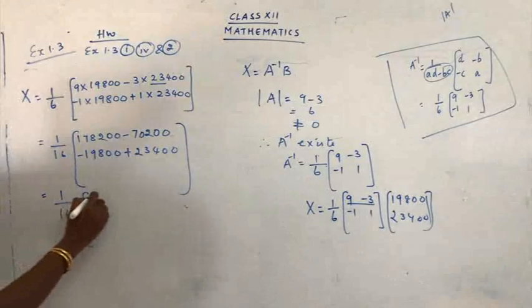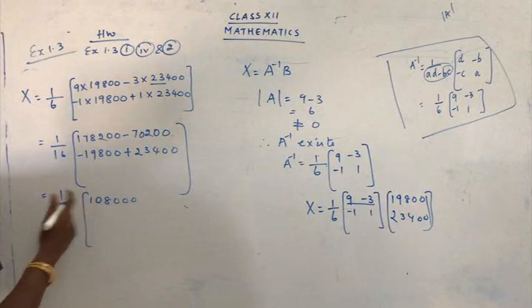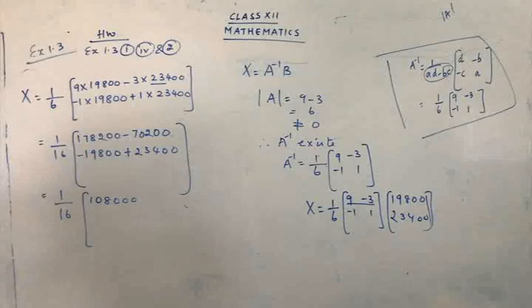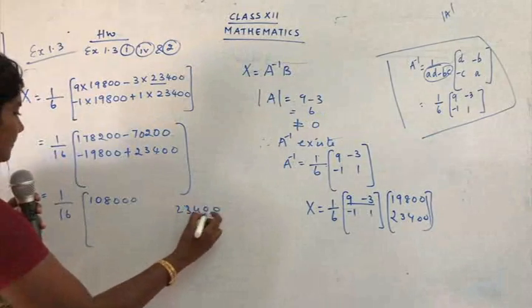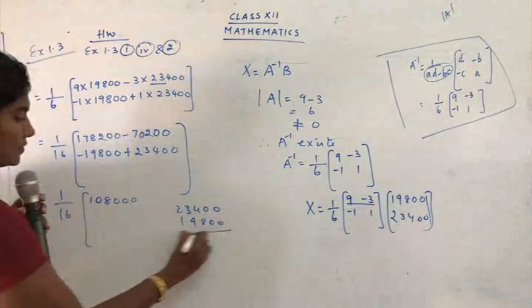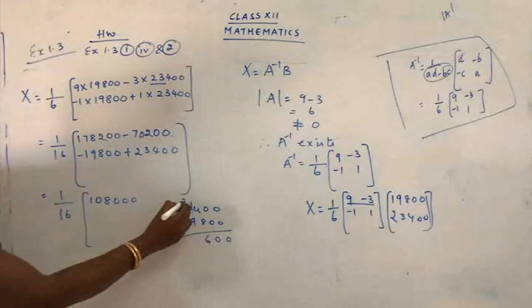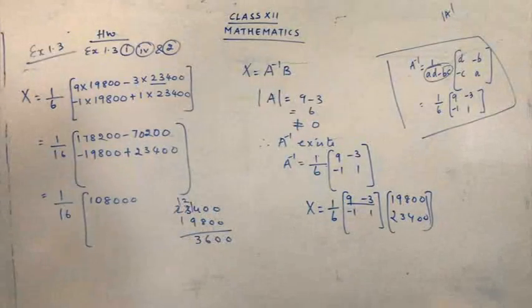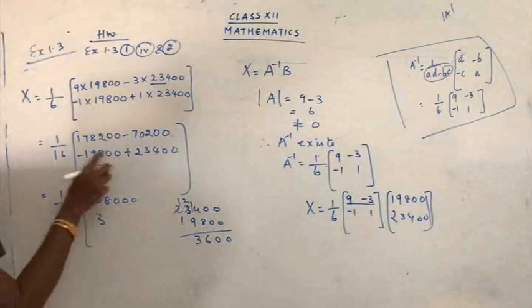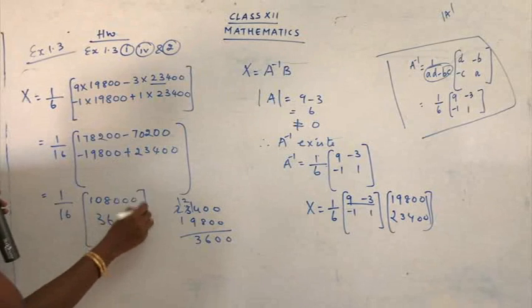You get the answer as 1,08,000 and when you simplify 23,400 minus 19,800, you get 3,600. This is a bigger number, yes? So the sign will be plus. So do not get confused with the sign.